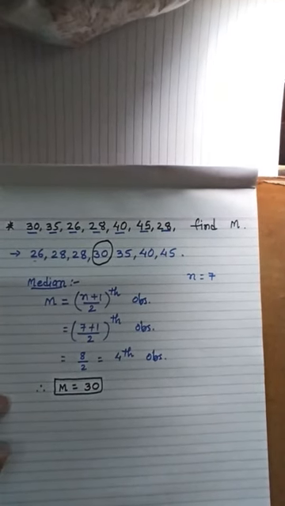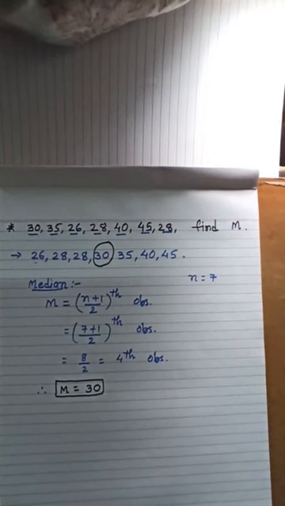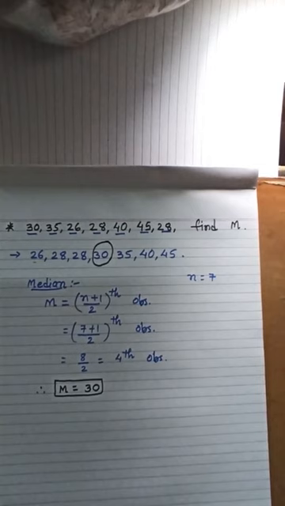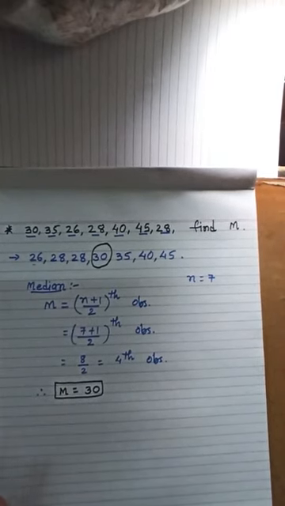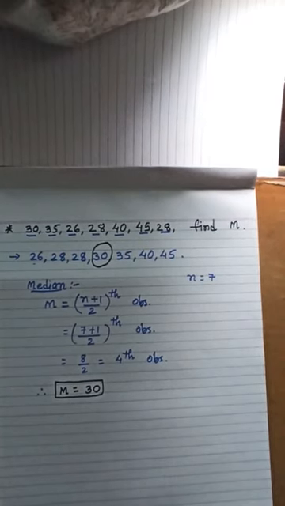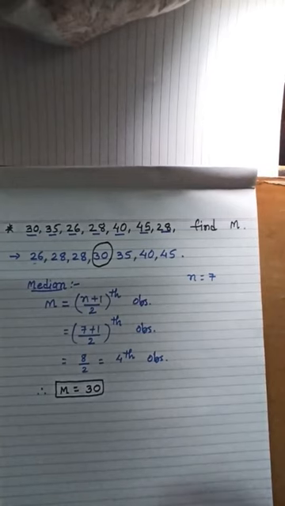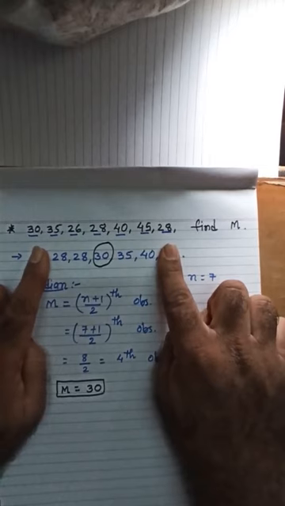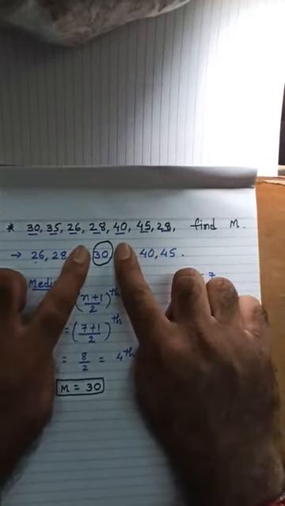Now M will be exactly in the middle of the observations. There are 7 observations. Which observation will be exactly in the middle? We will remove one by one from both ends. 26 and 45 will be removed. 28 and 40 will be removed. 28 and 35 will be removed.